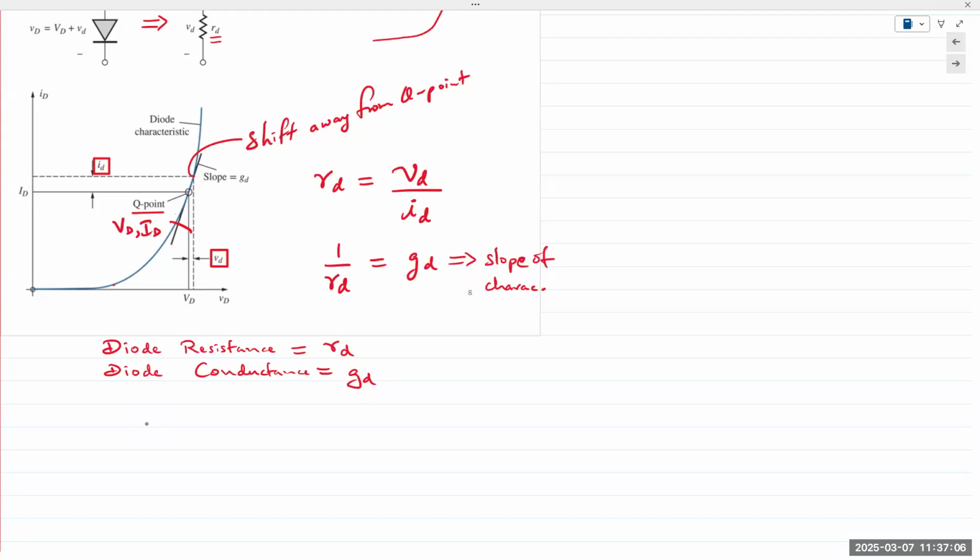For a forward bias diode, we can write GD as the diode current in forward bias plus the saturation current IS over the thermal voltage VT. Just a small derivation.